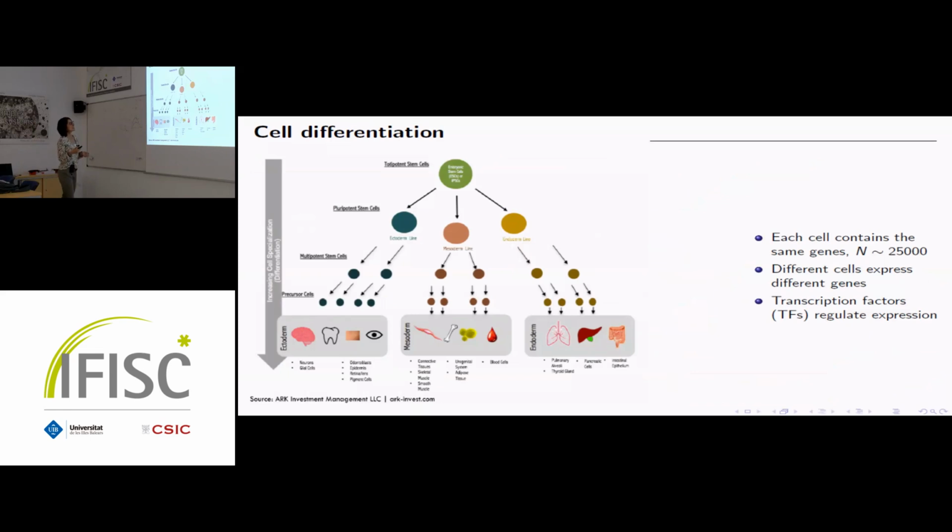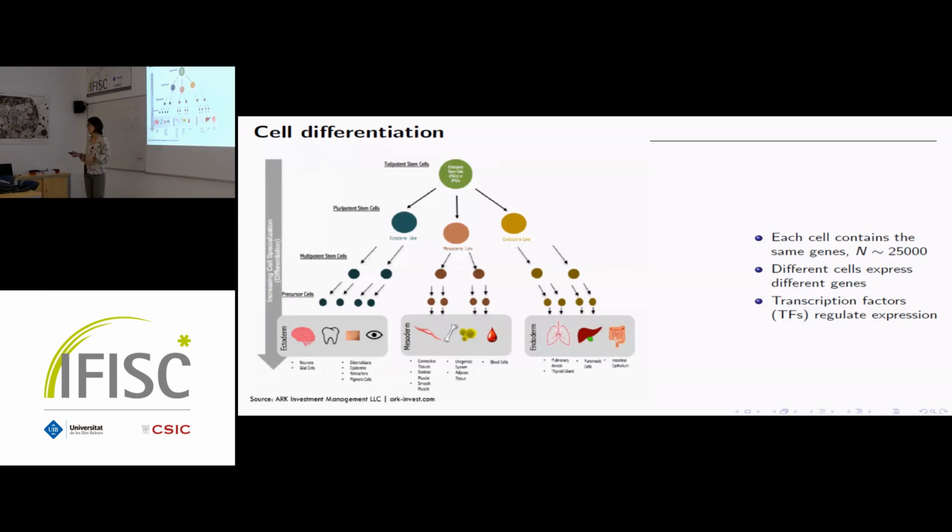So cell differentiation, you probably all know about, is the process whereby an embryonic stem cell divides and differentiates into pluripotent stem cells, which then divide and differentiate further until fully differentiated cells are reached. And this constitutes our body, okay?